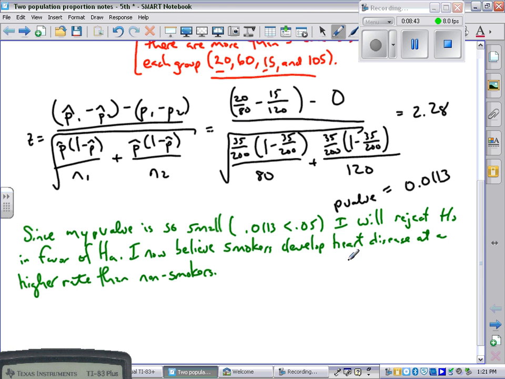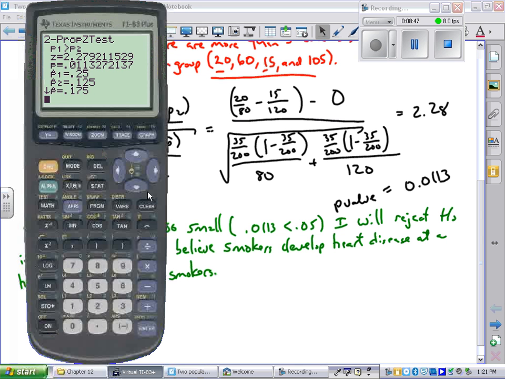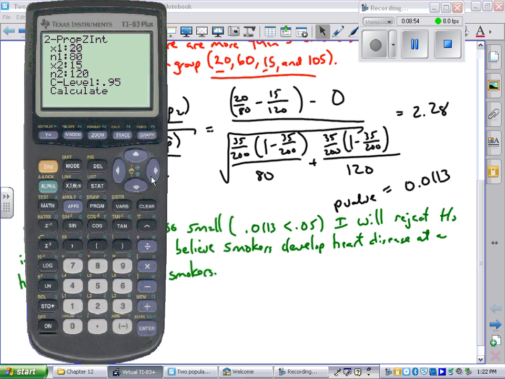And that very logical question can be answered by doing a 2 prop z int. All the stuff is still there. I'll turn this into a 90% interval. What very logical question from that conclusion is answered by that confidence interval?